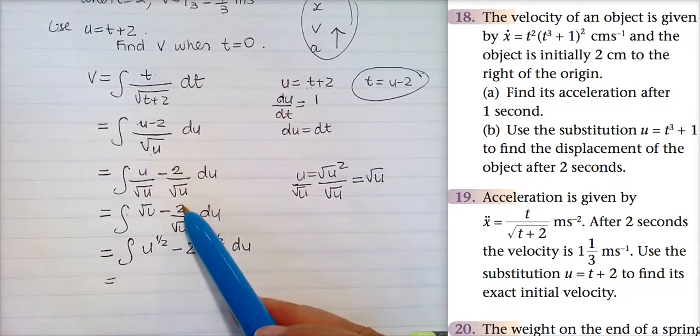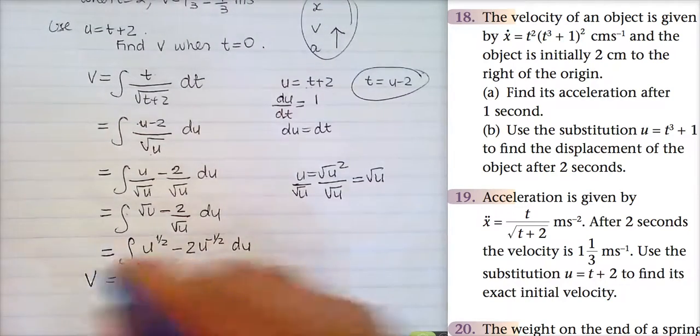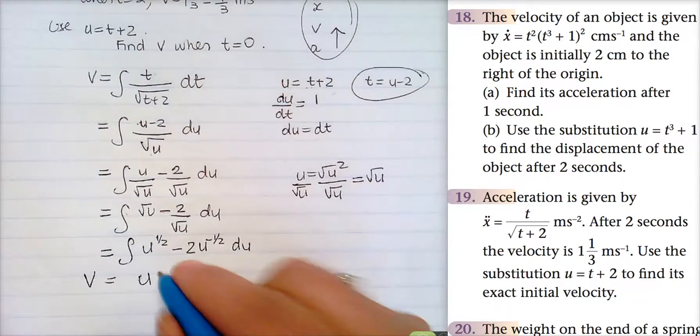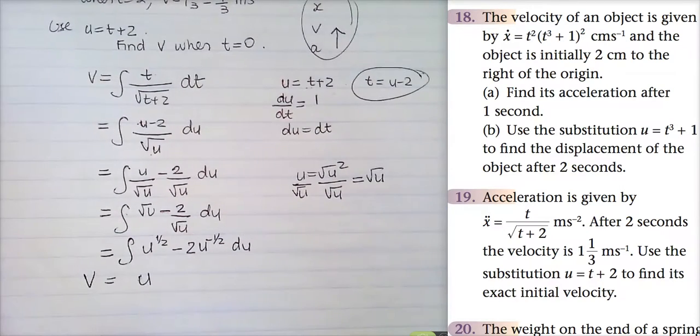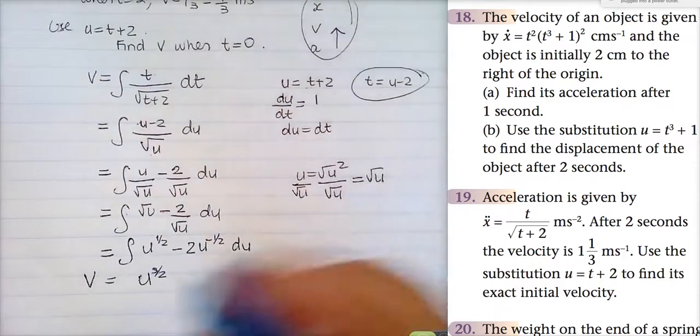Okay, so u over the square root of u is just square root of u, which is u to the half. And this is 2 times u to the negative a half. Let's integrate. Velocity is u to the, and don't mess this up, u to the what? 3 over 2 divided by 3 over 2.